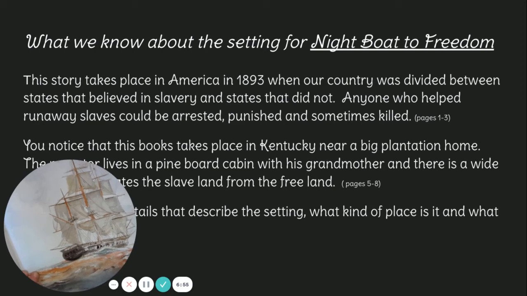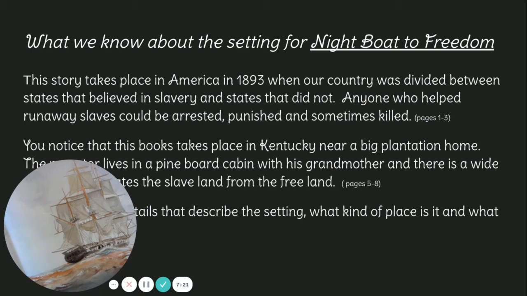So you notice that this book takes place in Kentucky near a big plantation home, and the characters all live in a pine board cabin. Christmas John lives with his grandmother, Granny Judith, and there's a wide divide between the states that divides slave land from free land. If they can just get to Ohio, then they can be free.